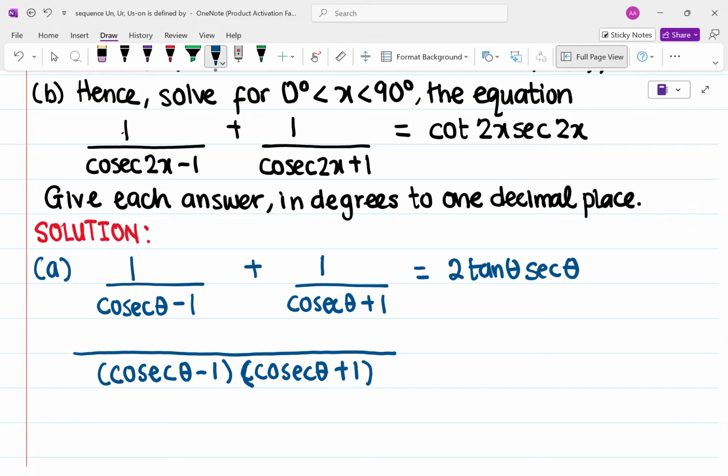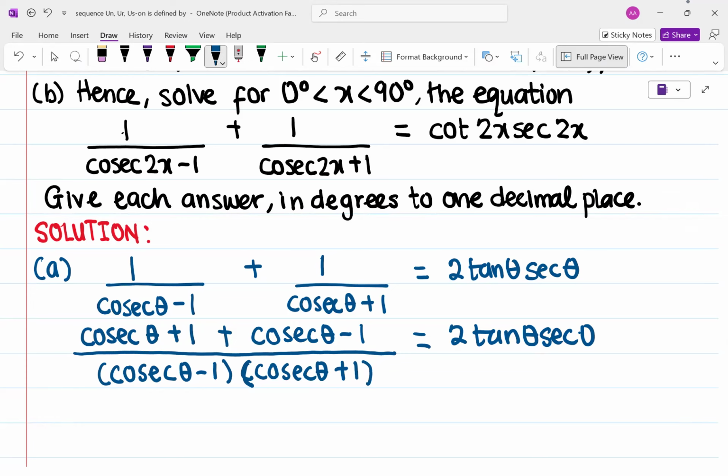If I multiply this all together, cosec theta minus 1 times cosec theta plus 1, divided by cosec theta minus 1, that will give us cosec theta plus 1, because I multiply it with 1. Plus, if I apply the same thing, that becomes cosec theta minus 1, equals 2 tan theta sec theta. So this plus 1 will cancel this negative 1.